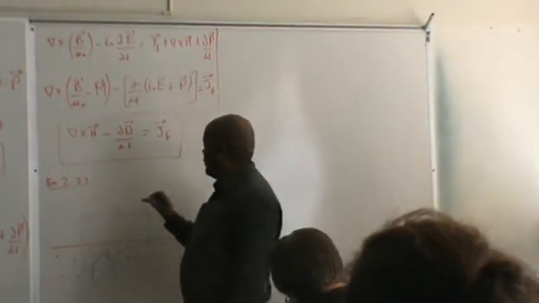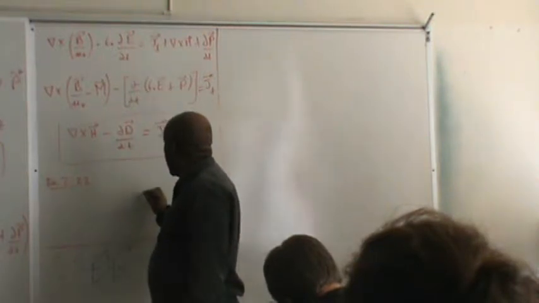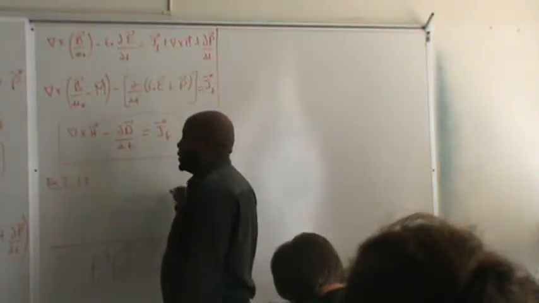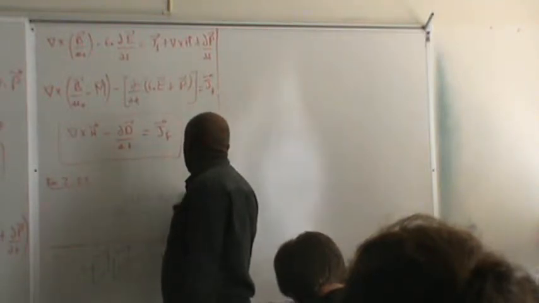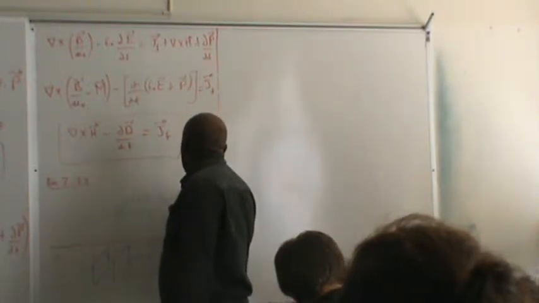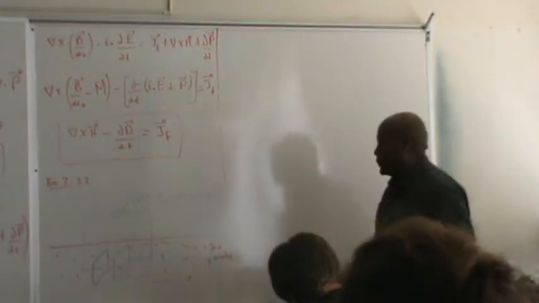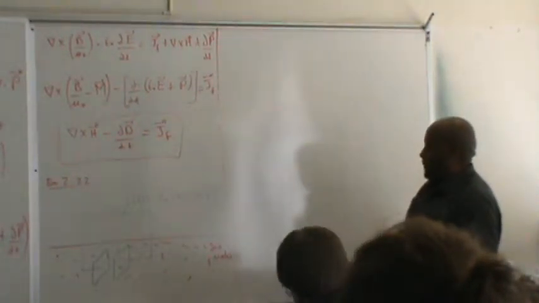So del V of t is going to be V naught cosine of 2 pi nu t.